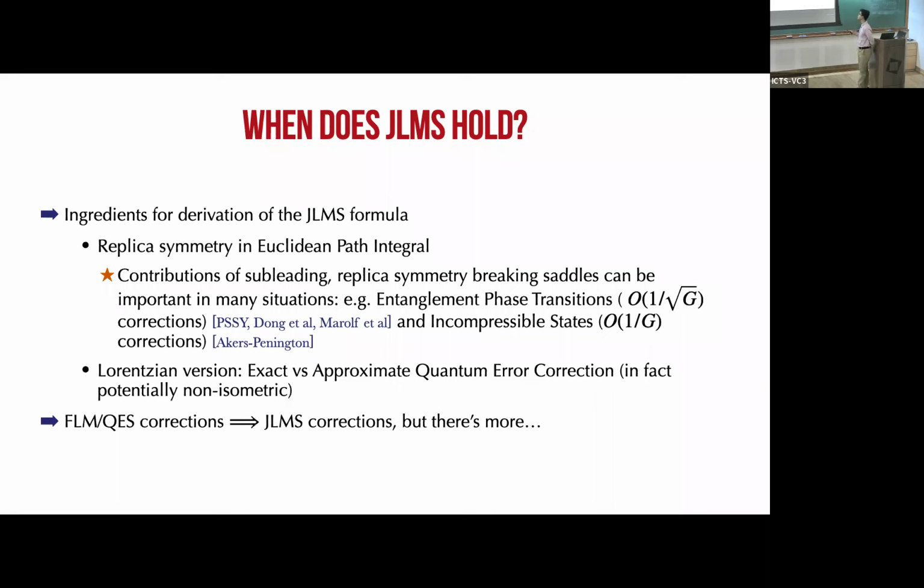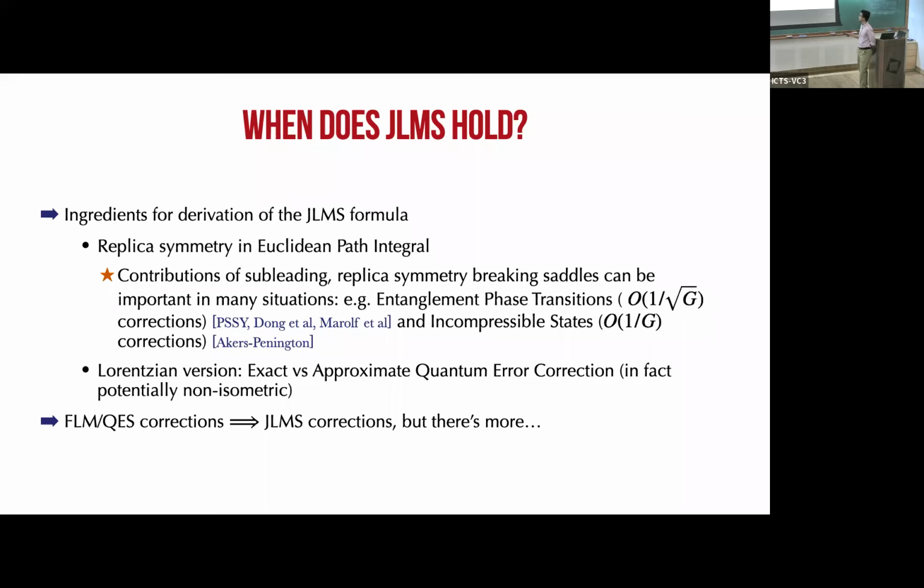And there are also what are called incompressible states. These are states which often involve superpositions of different spacetimes. And in those contexts, there are actually order 1 over G corrections to the FLM or quantum extremal surface formula. So this is an important feature. Clearly, the JLMS formula should fail in these situations because replica symmetry is just not a good assumption.